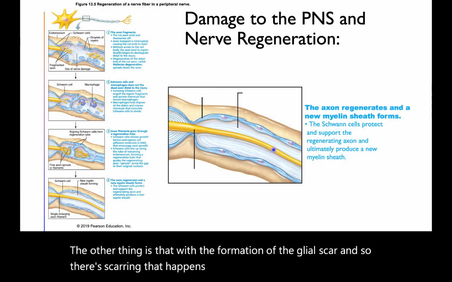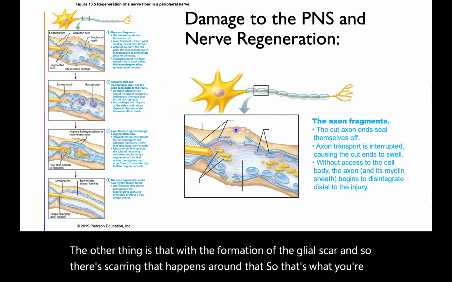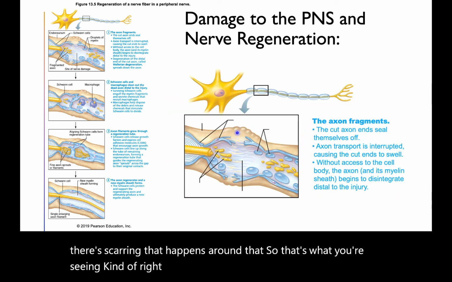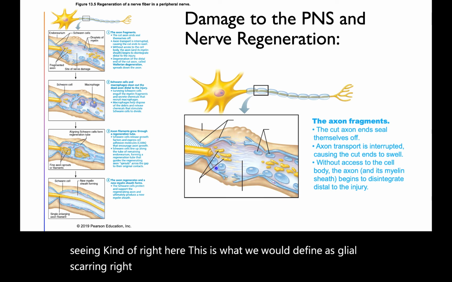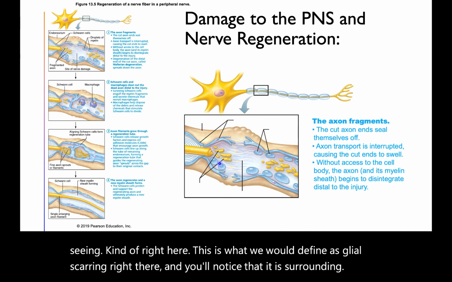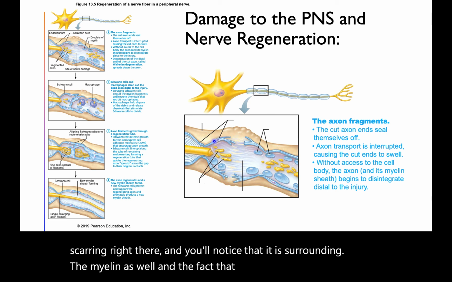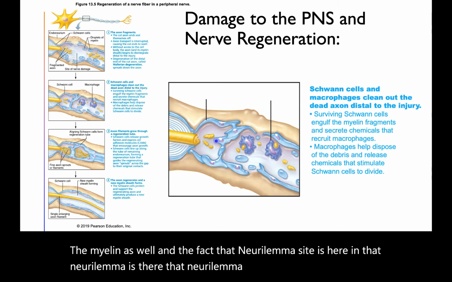So that's what you're seeing kind of right here. This is what we would define as glial scarring right there. And you'll notice that it is surrounding the myelin as well. And the fact that that neurolemma site is here and that neurolemma is there, that neurolemma is contained within the glial scarring.